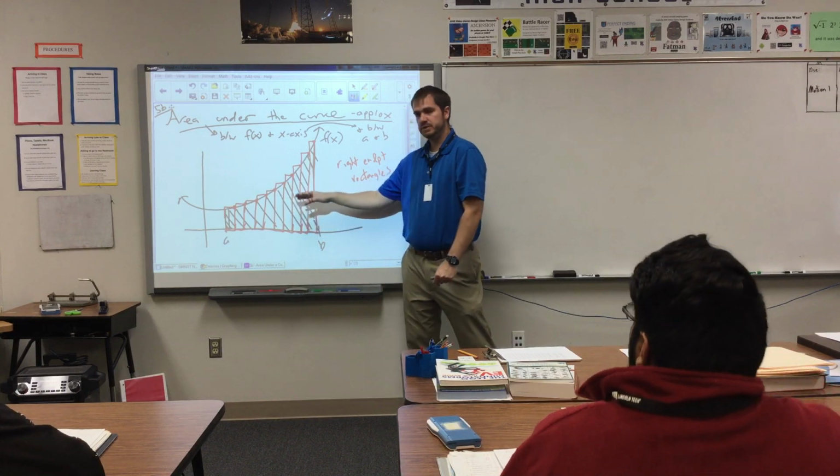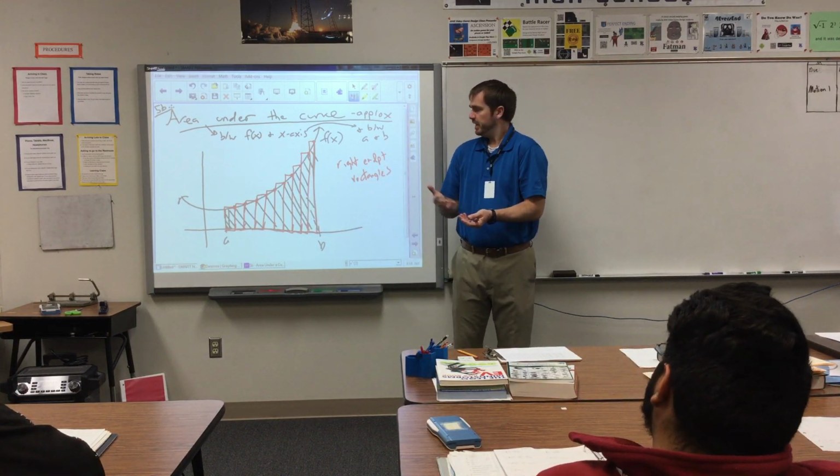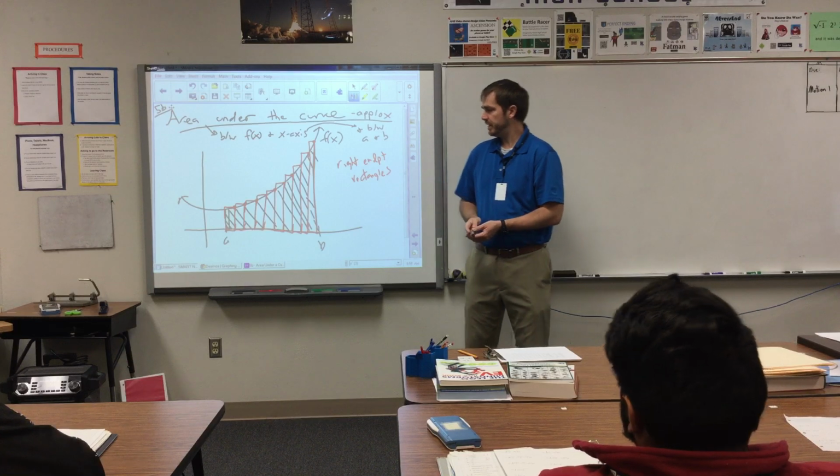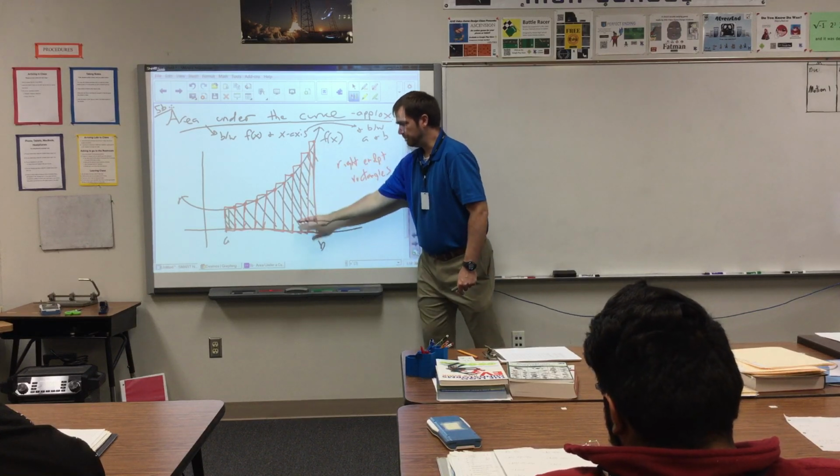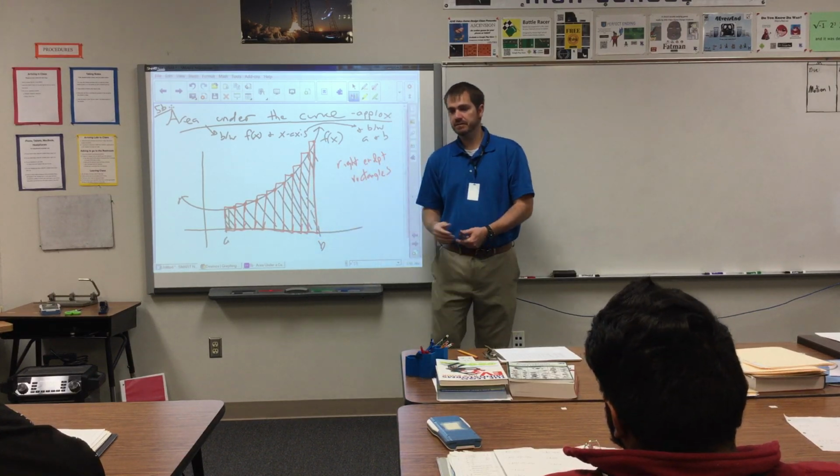And I would find the area of each one of those rectangles and then add them up, and that would give me an approximation for the area under the curve, above the x-axis, and between A and B.